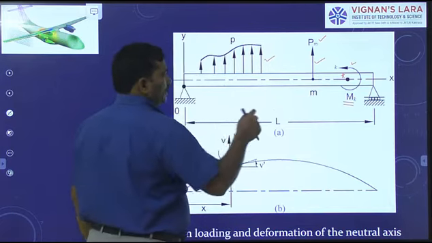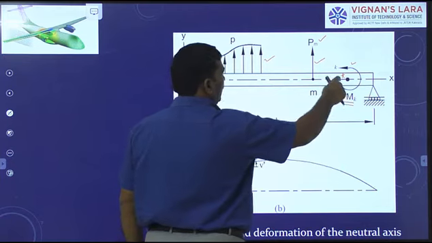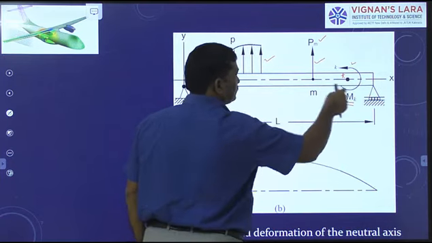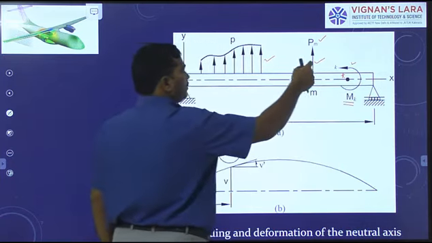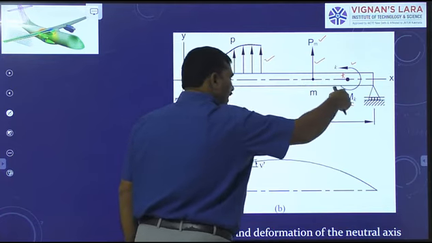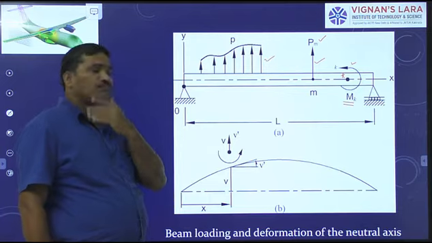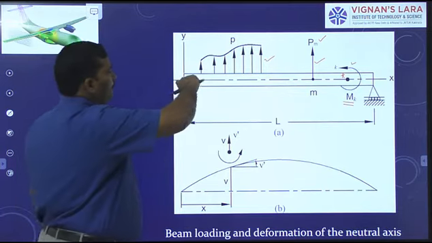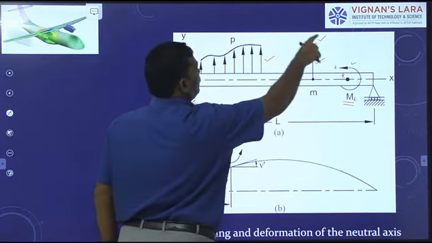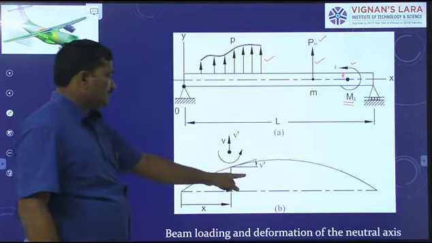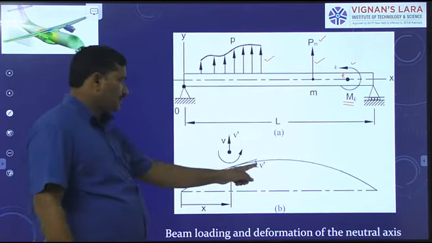And the moment M applied at K is acting in the counterclockwise direction. Therefore, I assume that the beam bends in the form of an arc of a circle like this, as shown in this diagram.